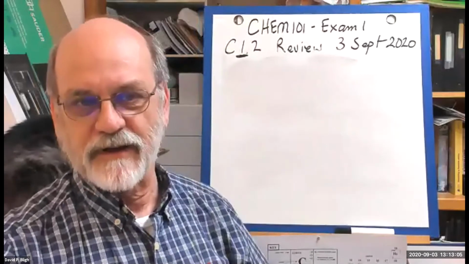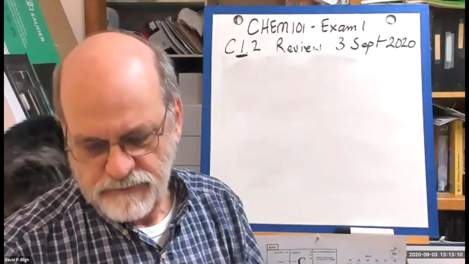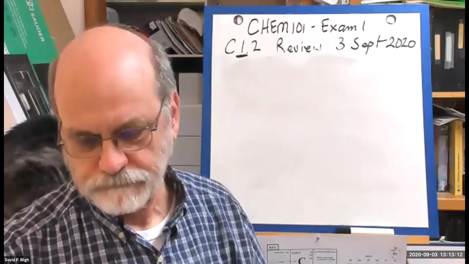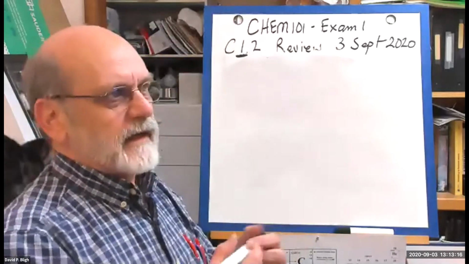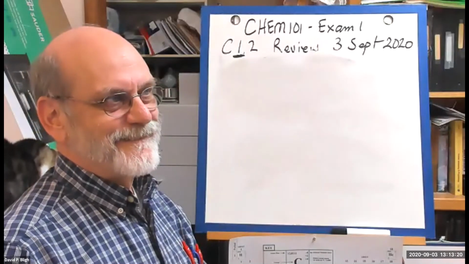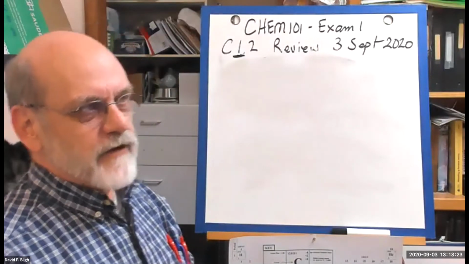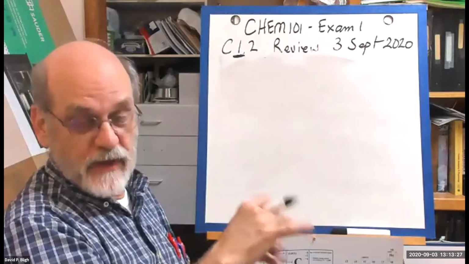But that's another topic. Okay, any questions about precision and accuracy? It's pretty straightforward. Let's take an example. Let's say you have 4 measurements of mass of something on a balance.